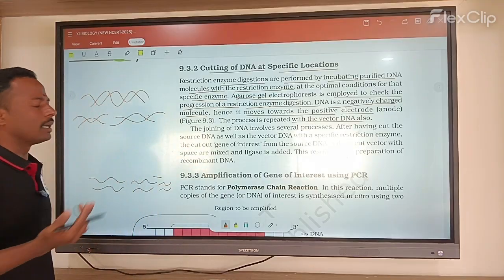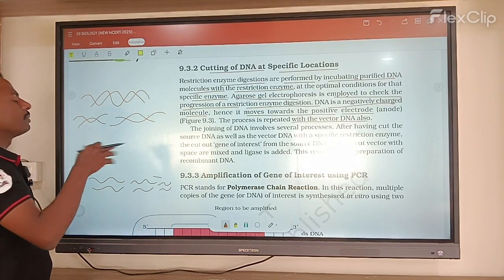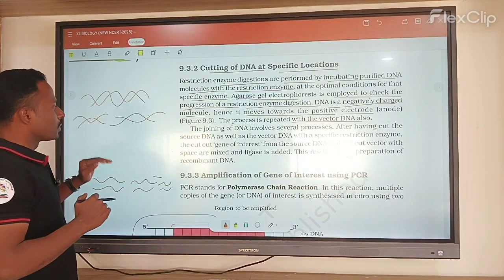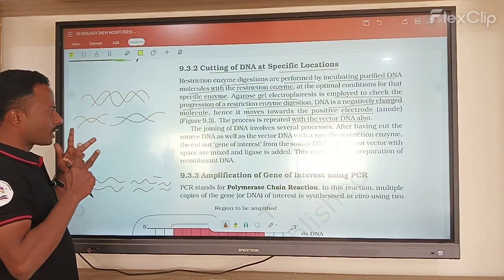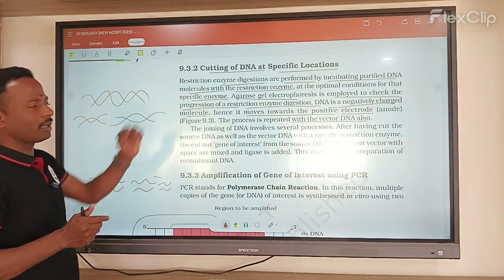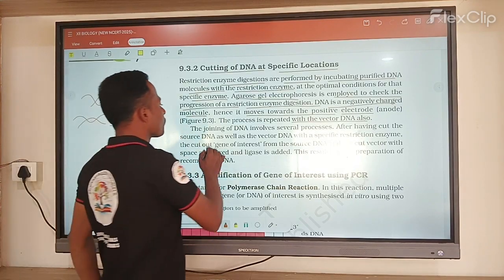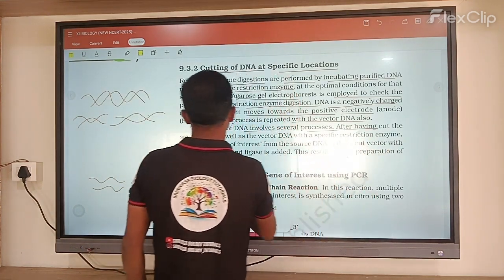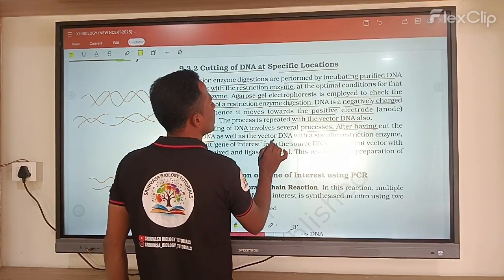So the insert DNA and vector DNA go through the same process: restriction enzymes cut the DNAs, and they are separated with the help of gel electrophoresis. Next, joining the DNA involves several steps after cutting the source DNA as well as the vector DNA.